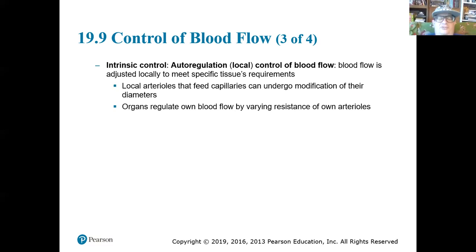Now, you remember resistance, there are a couple different things that cause resistance. One is the viscosity of the blood. The organs are not affecting that. Another one is the length of the vessel. They're not affecting that. And the third one is the diameter of the vessel. That's what's being affected when the organs regulate their own blood flow. Organs can send signals to say vasoconstrict or vasodilate. Moving on.